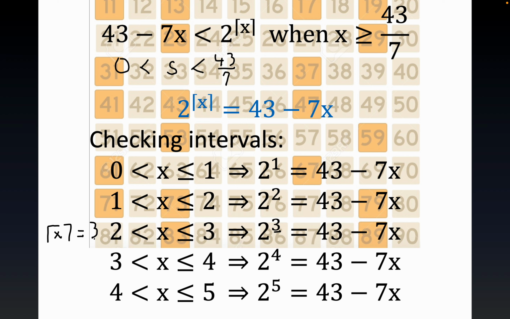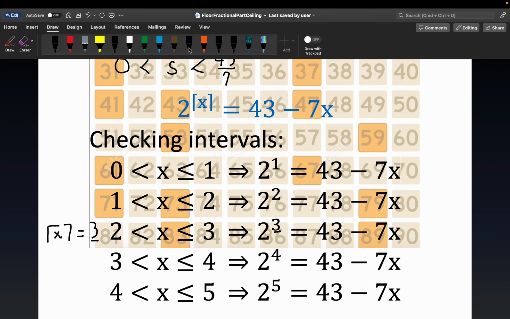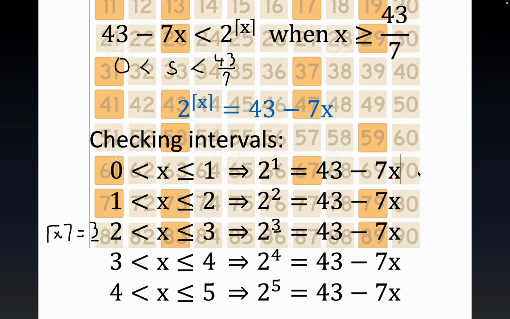This 3 and this 3, you were just substituting in right here. Okay, so that's what's going on there. And again, I won't bore you with all the arithmetic, but I got x equals 41 over 7 right here.